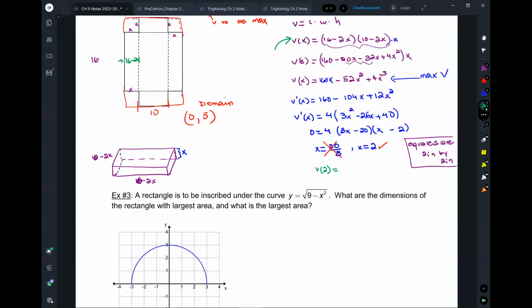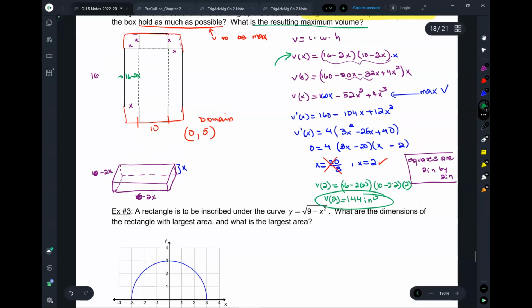Okay, so V of 2 will be 16 minus 2 times 2, 10 minus 2 times 2, times 2. So V of 2 is 144 inches cubed. Okay?